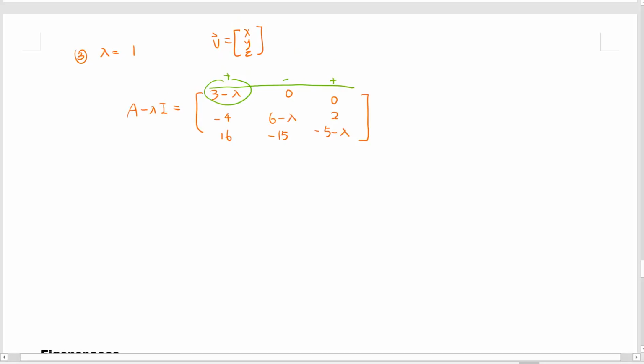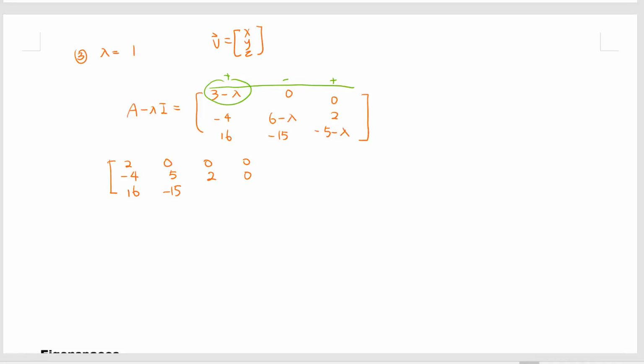All right, so A minus lambda I: 3 minus 1 is 2, 0, 0. Negative 4 stays here. 6 minus 1 is 5, and then 2. 0. 16, minus 15, minus 5 minus 1, negative 6. So far so good, everybody? Now let's see. I can divide by 2 for the first row, R1. Then I have 1, 0, 0.